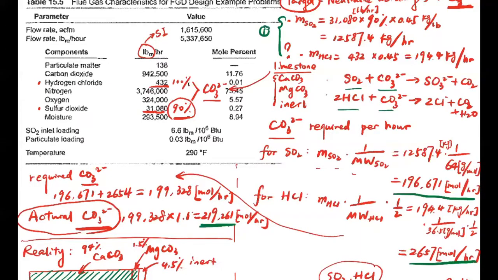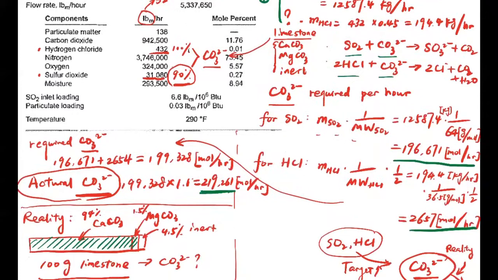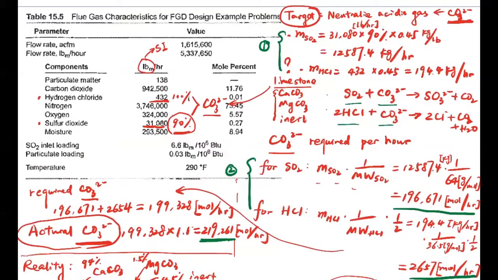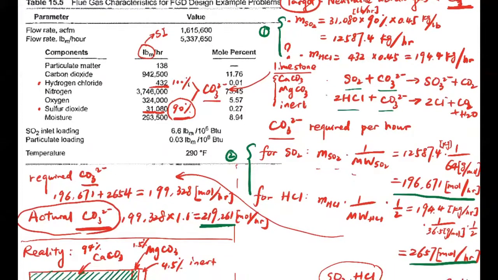And the second step is to convert the acidic gas amount into the carbonate ions it requires to react. Because if we know the amount of sulfur dioxide, we should be able to know how many carbonate ions it reacts, because it reacts at a 1-to-1 ratio there.